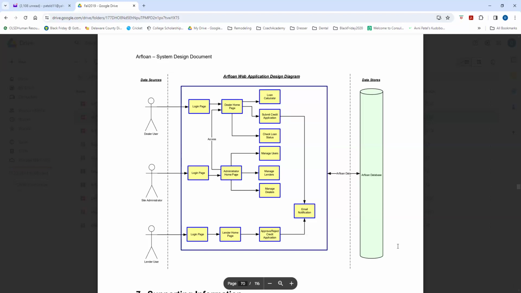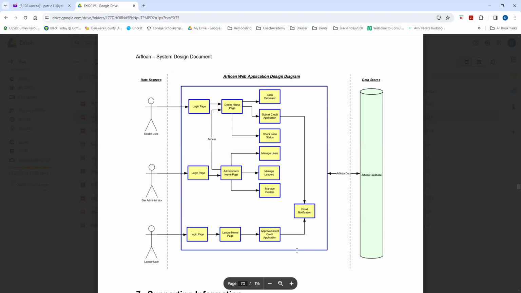The other thing you should raise: remember, your system requirements document talks about reporting also, and you don't see a flow for the reporting. You don't see your ARF rep or ARF managers able to generate those reports. You don't have those flow diagrams, so that's something you should ask a question about. Also, how do I sign up a new dealer? Where do I go to create a dealer?